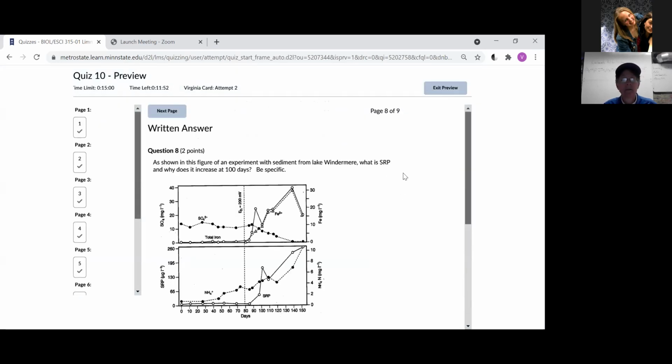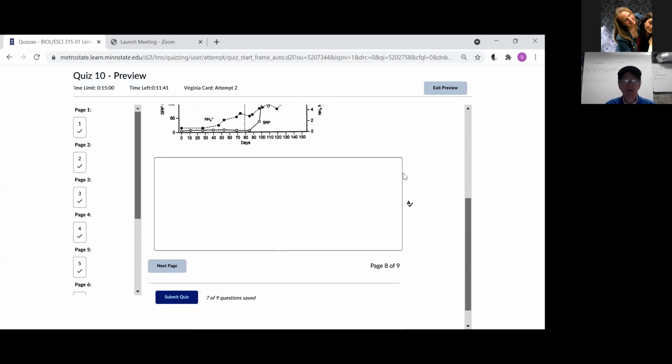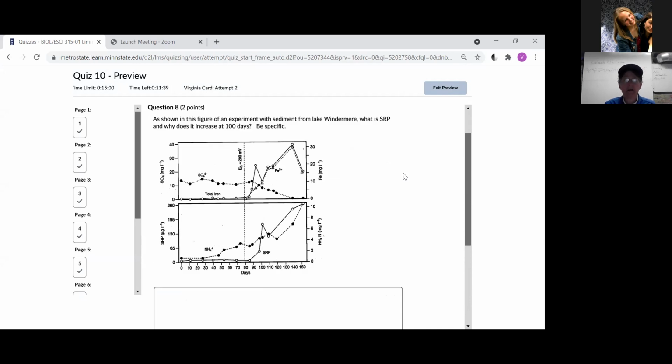As shown in the figure, this experiment with sediment from Lake Windermere. What is SRP? SRP is soluble reactive phosphorus. Why does it increase at 100 days? Oh, this is a written answer. SRP, soluble reactive phosphorus, is coming out of solution because the sediment is going anoxic, so the iron phosphate is dissolving.